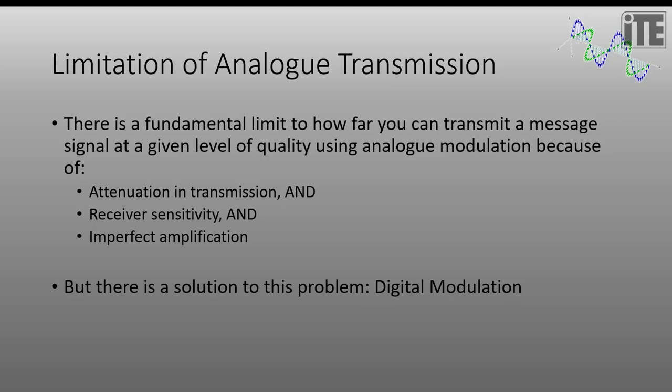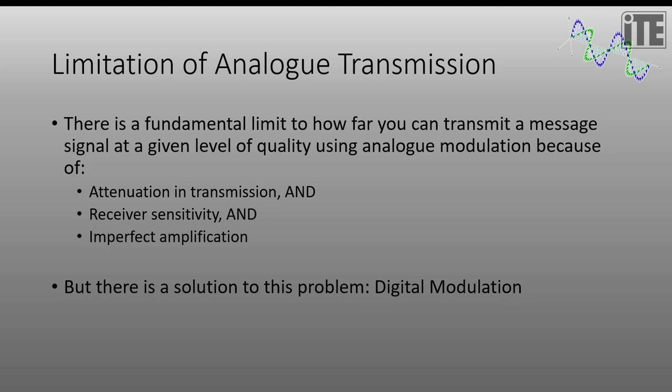So you might say, well, let's not have any amplifiers, let's just transmit a huge amount of power at the transmitter, and we'll just wear whatever loss there is in the signal transmission, and we'll receive it at the other end. Well, that may or may not happen because of the sensitivity in the receiver.